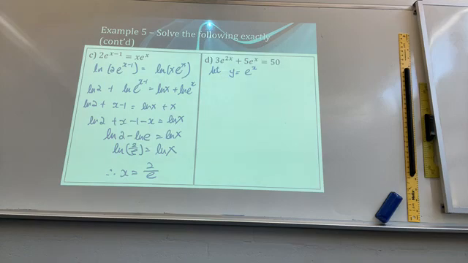It's a quadratic. You have to be able to solve this as a quadratic, and you need to think about when you can solve this. If I let y equals e to the power of x, then we will have this. Once you've got your quadratic, you should be able to solve it.